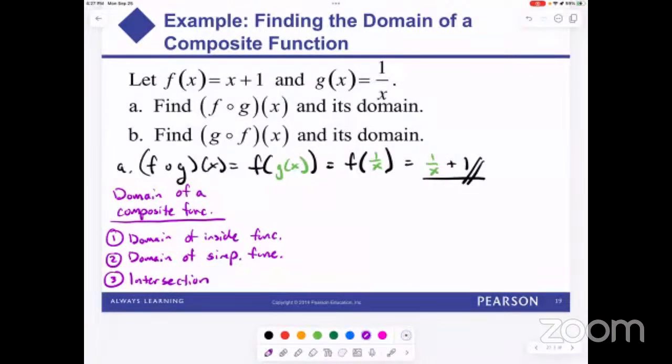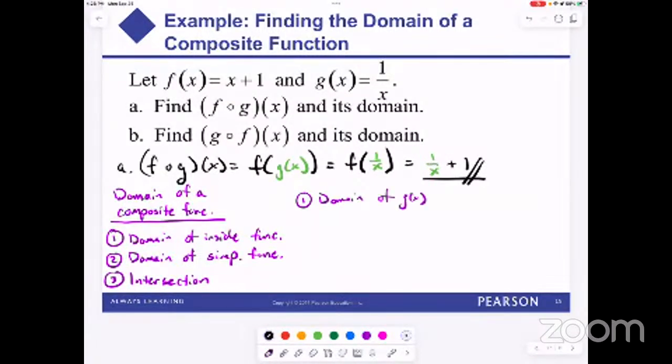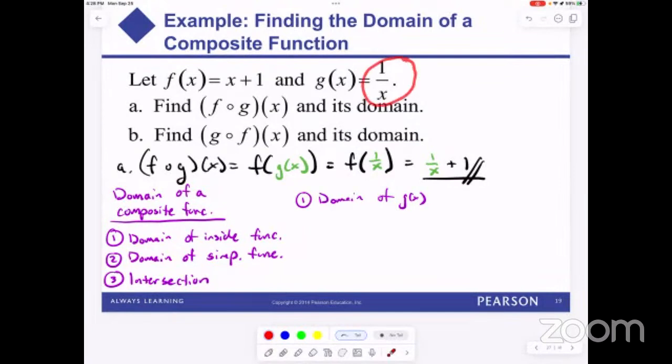So in our part A, our inside function is g. So our first step, we're going to find the domain of g. g of x is the reciprocal function. For rational functions, the domain in general is going to be all reals except any x that makes the denominator 0. So that domain is going to be everything except 0.